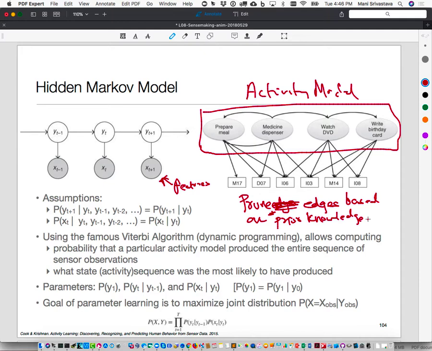Then, to make the whole problem tractable, we make two additional assumptions. One, which comes from the name, is Markovian. So this is the first one. It basically says the probability of y(t+1) given the history of the states I was in, the activity states, is the same as the probability of y(t+1) given y(t).